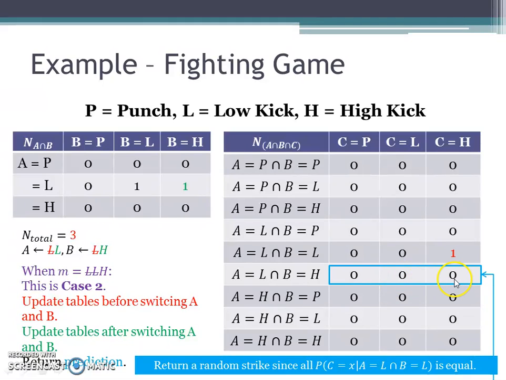You will find that you still have to return a random strike because each of these probabilities is the same. So you still return a random strike in this case because there is no strike here that actually has an advantage.